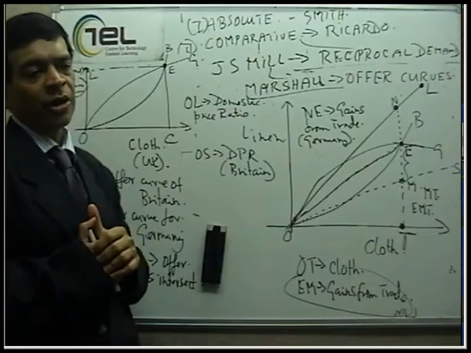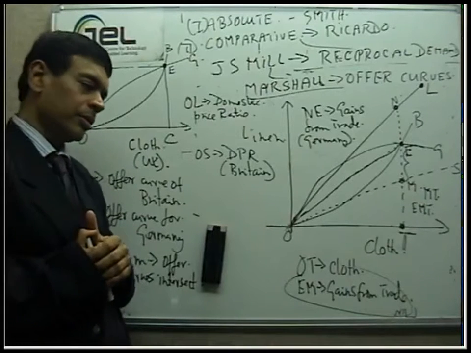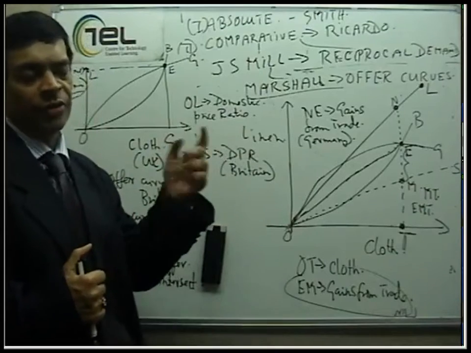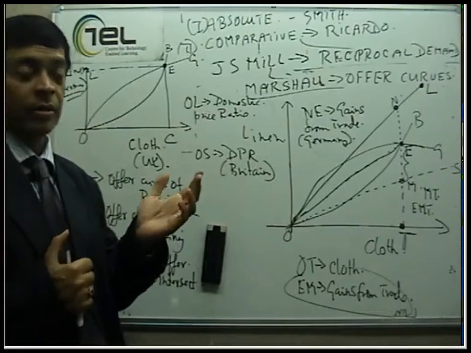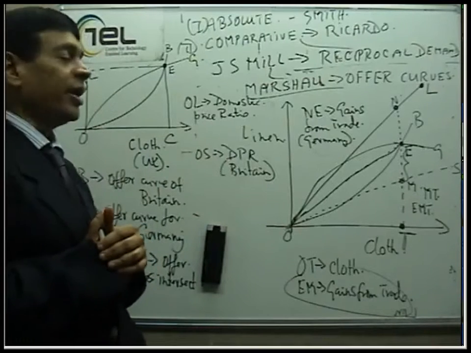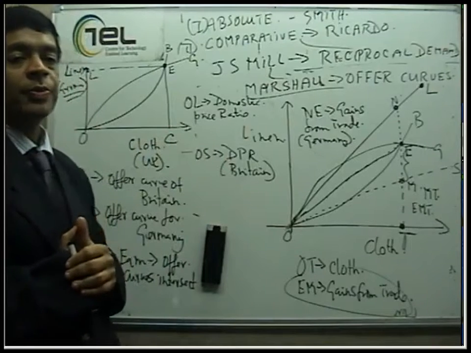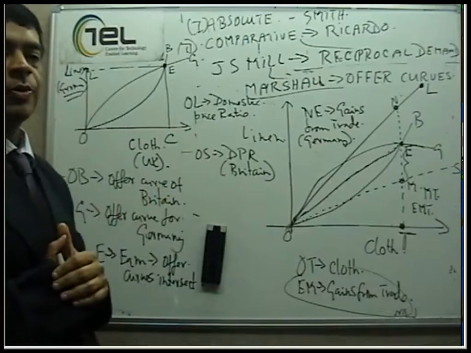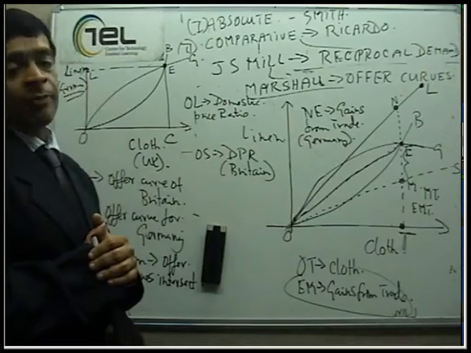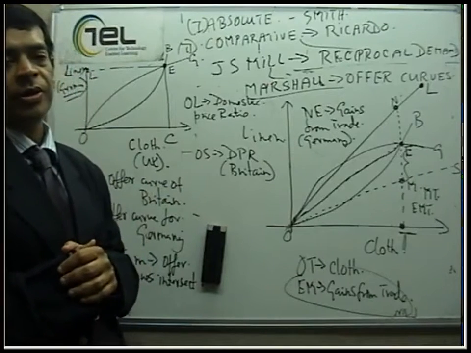And very importantly, there is perfect competition in all markets, and there is mobility of labor within the region but not between countries. Between countries, labor is immobile. And trade takes place in terms of price, where import is equal to exports. In the case of JS Mill, the reciprocal demand. Very importantly, both trade theories assume that there's full employment in both markets.